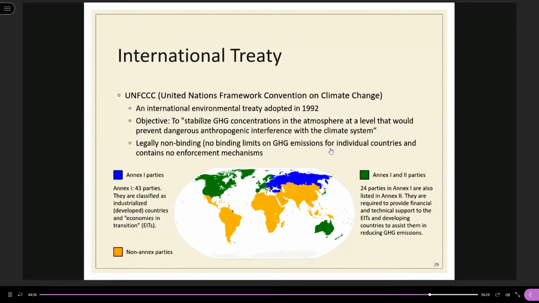These are developed countries, so they should provide financial and technical support to the other countries. Okay, so this is the non-legally binding treaty.